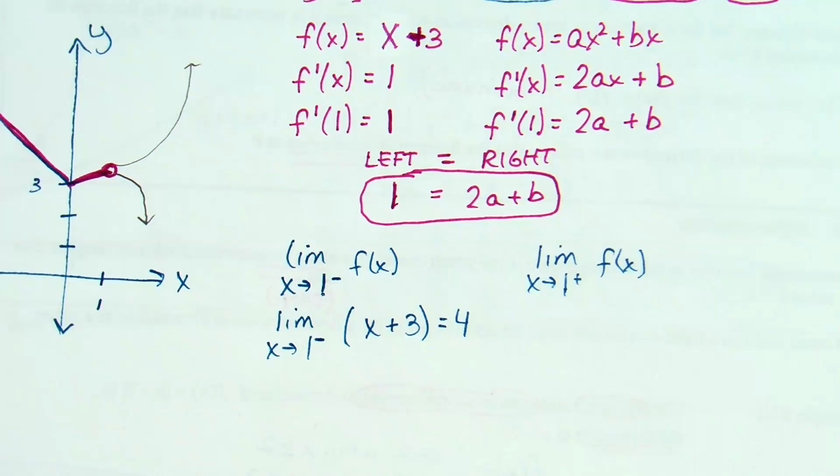The limit as x approaches 1 from the right of f of x. Well, on the right, we're back to that ax squared plus bx. So the limit as x approaches 1 from the right of ax squared plus bx.